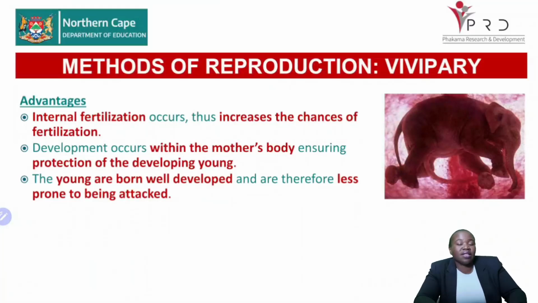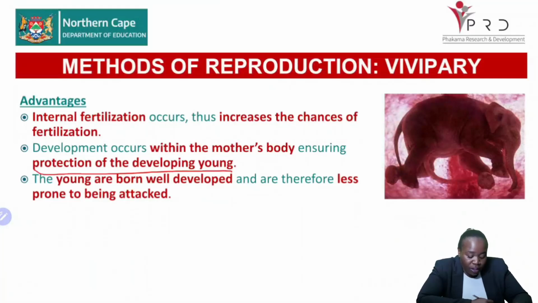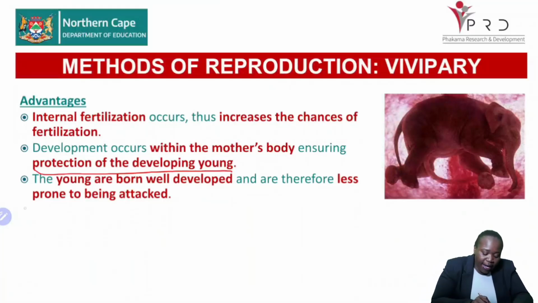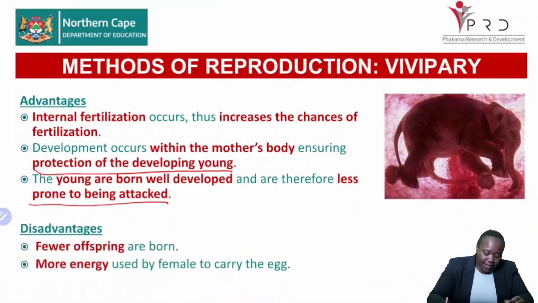Development occurs within the mother's body, meaning that there is protection against those predators for the developing young, and the young are born well developed and are therefore less prone to being attacked, meaning that because they are well developed, they can move around, they can take care of themselves, therefore it is not easy for them to be attacked.